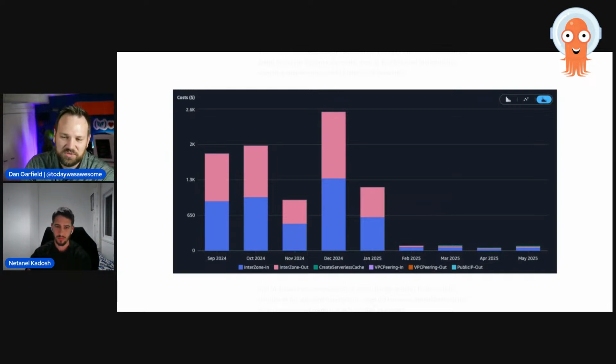And once you switch, maybe partway through January, but definitely in February, the graph goes almost to zero. Yeah, you can also notice November 24, it was pretty low.